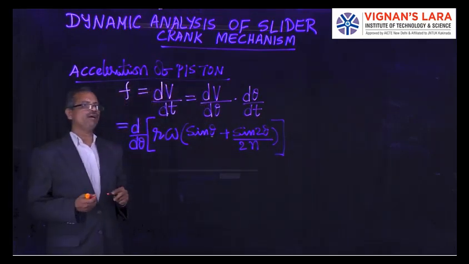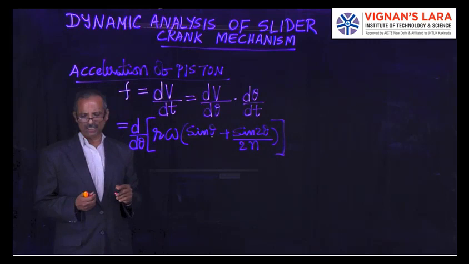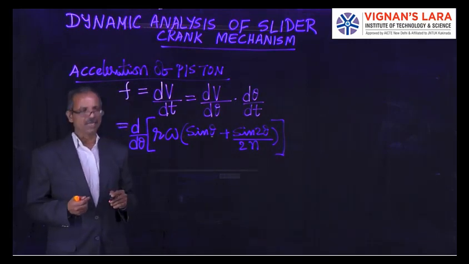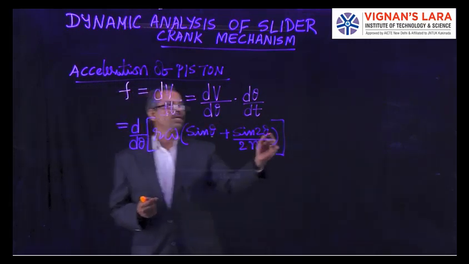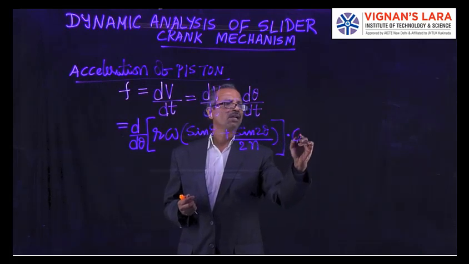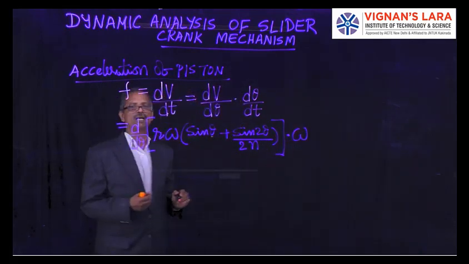So d by d theta of r omega into sine theta plus sine 2 theta by 2n. And what is d theta by dt? You are aware it is nothing but omega.